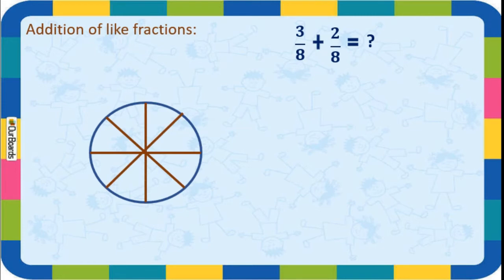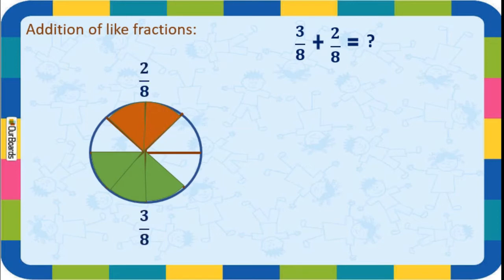Now first we will color 3 parts. This is 3 upon 8, plus now 2 upon 8. Again we will color 2 more parts. This is 3 upon 8, this is 2 upon 8, isn't it?